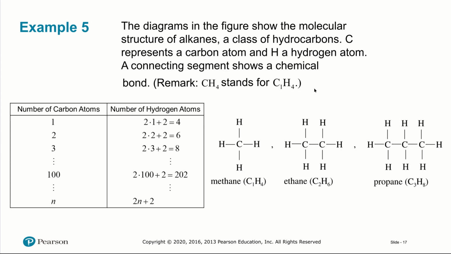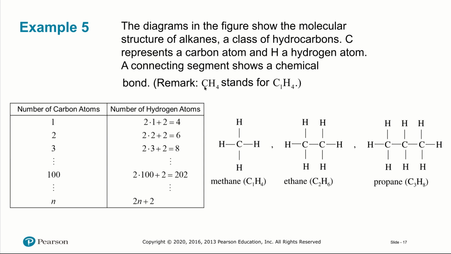Here we have an example from chemistry. In this diagram, we see the molecular structure of a class of compounds called alkanes, a class of hydrocarbons, and C represents a carbon atom here, and H represents a hydrogen atom. And when you see these connectors, that is indicating a chemical bond.